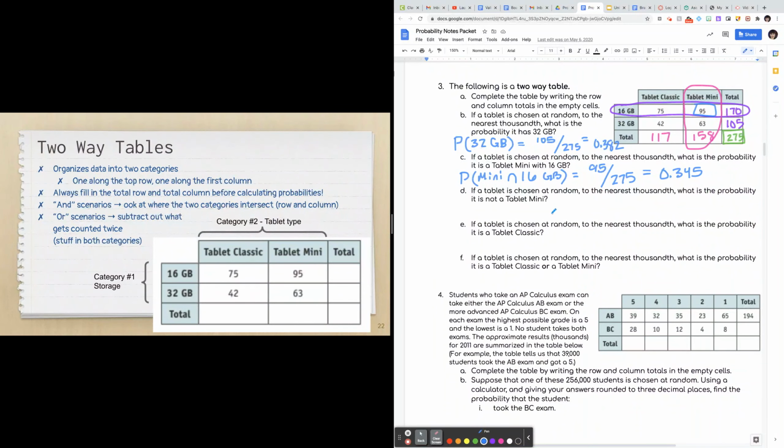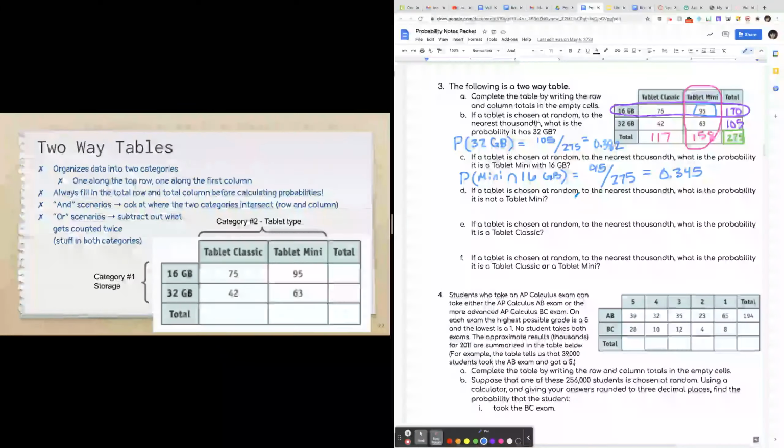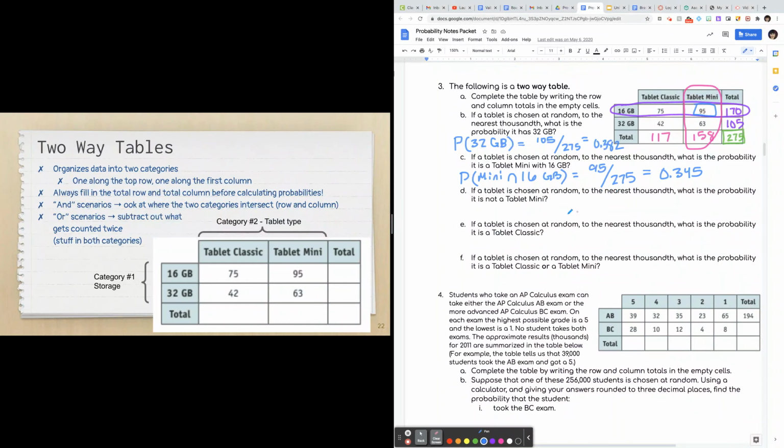All right, let's look at the last three here. For part D, I want to know what's the probability that I get something that is not a mini? If I wanted to write that in probability notation, I would write the probability that I have a mini, but not. Remember, that's what that little C means. It means complement, it means not. If it's not a mini tablet, what kind of tablet is it?